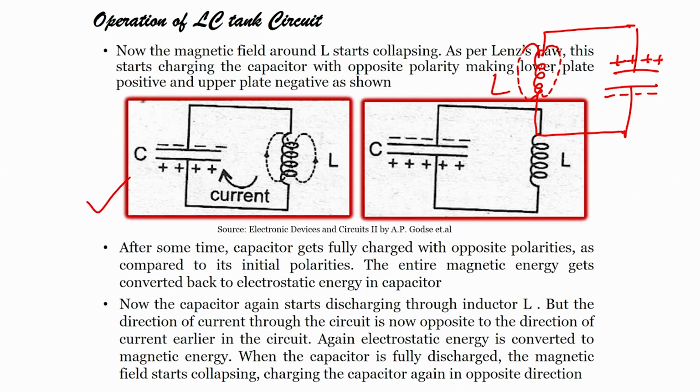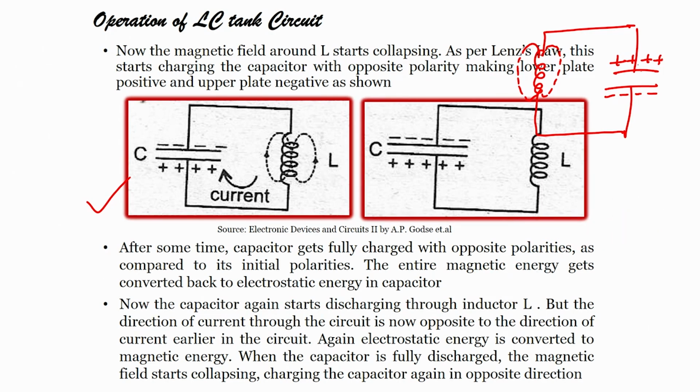Now, once this is there, the magnetic field will start collapsing, and we should know a law called Lenz's law. As per Lenz's law, this starts charging the capacitor with the opposite polarity, making the lower plate positive and the upper plate negative.